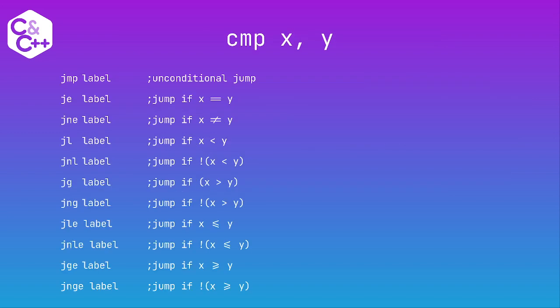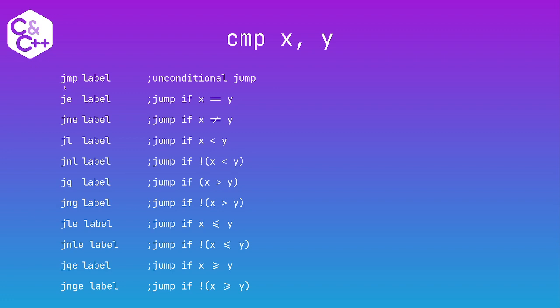So if we do comparison x, comma y, these are some of the jump instructions that we can use after this instruction to jump to some label.